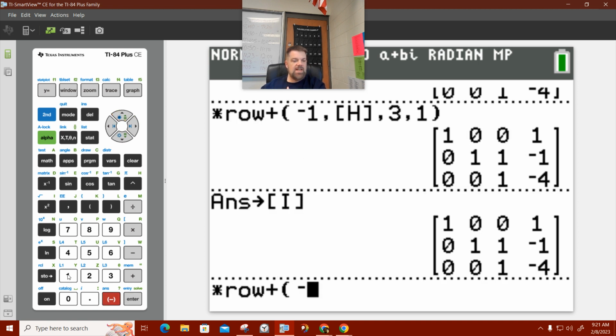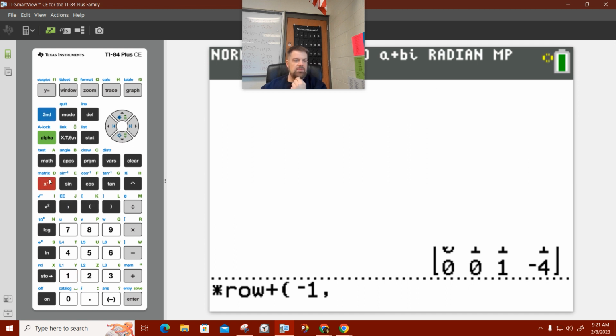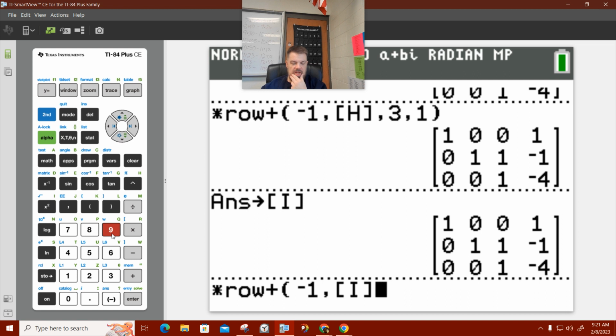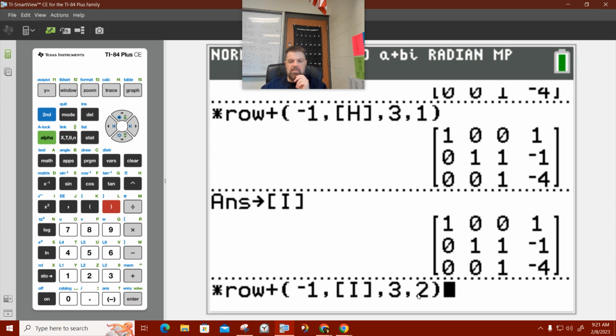I'm going to multiply by negative 1, comma, of matrix I now, which is the 9th one, by the 3rd row, and then add it to the 2nd row. Okay, so I'm going to take the 3rd row of I, multiply by negative 1, and then add it to the 2nd row, and that's going to make this equal 0.